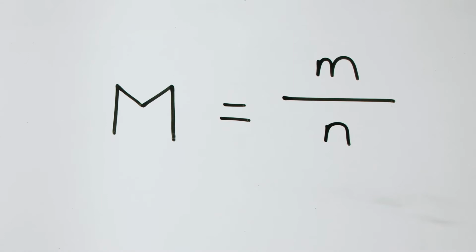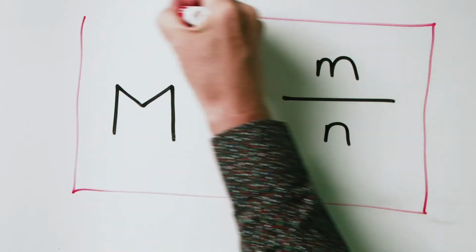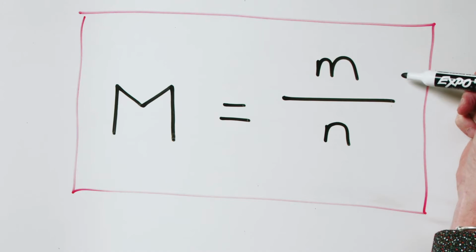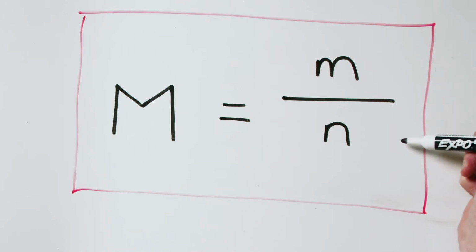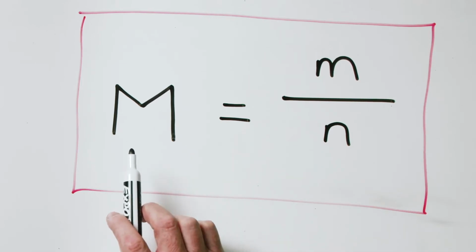So there, and I'm going to put this in a red box because it is such an incredibly important equation. Molar mass is equal to mass divided by amount of substance, okay? Mass, remember, units of grams. Amount of substance, units of mole. The unit of molar mass, the gram per mole.